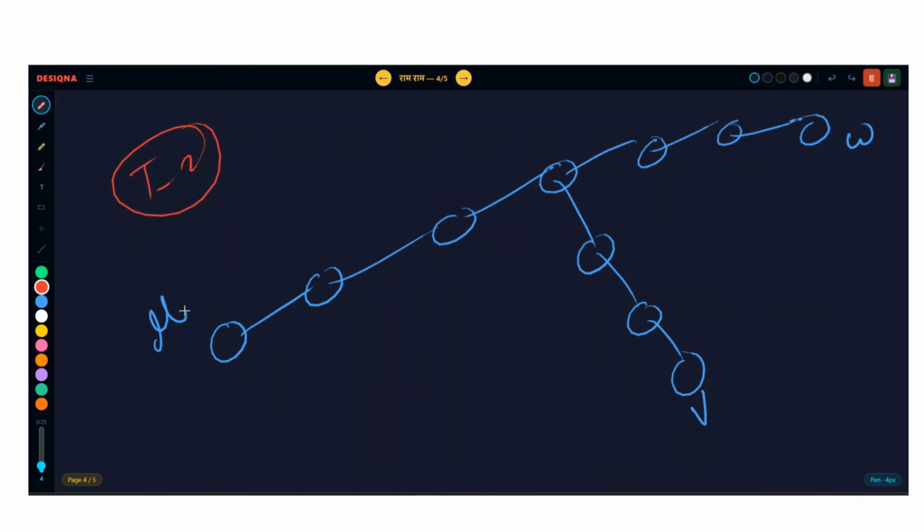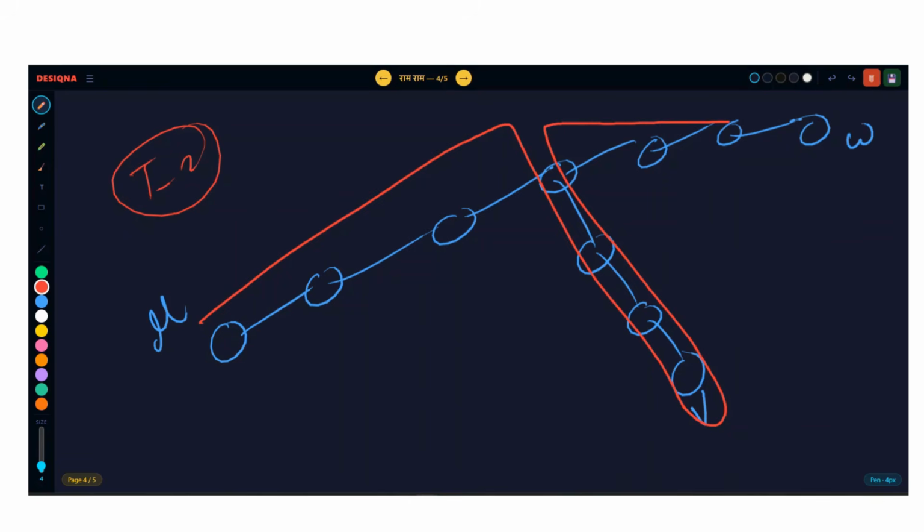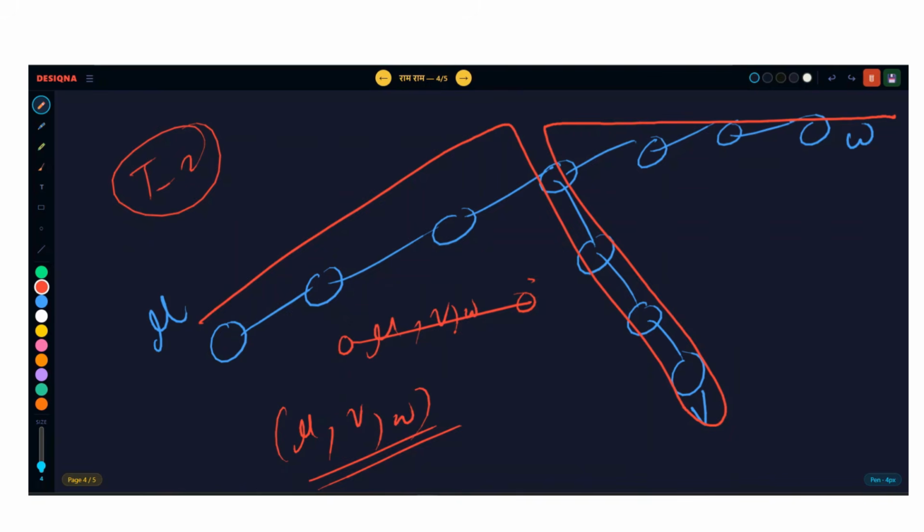In this tree, U to V is like this, then V to W is like this. So this is not a type 1 path. Whenever there is a triplet U comma V comma W such that you cannot travel a single path where all three appear in a single line, then guys, it is a type 2 path.